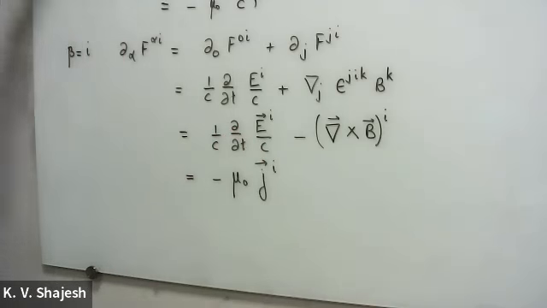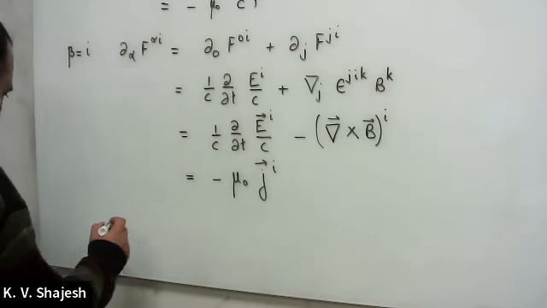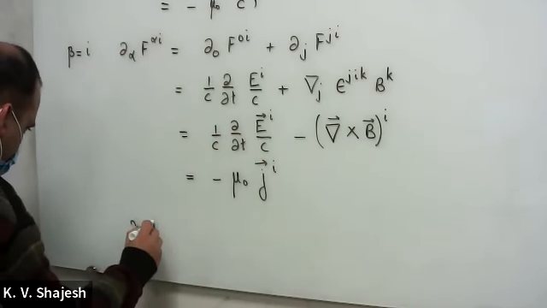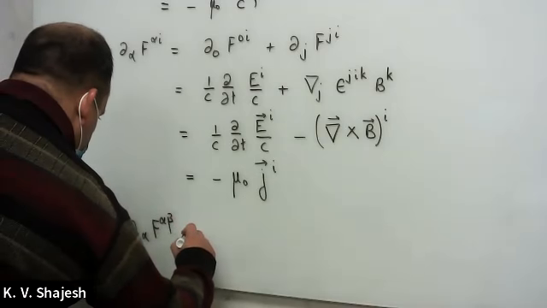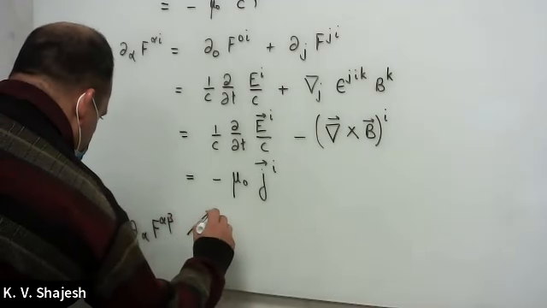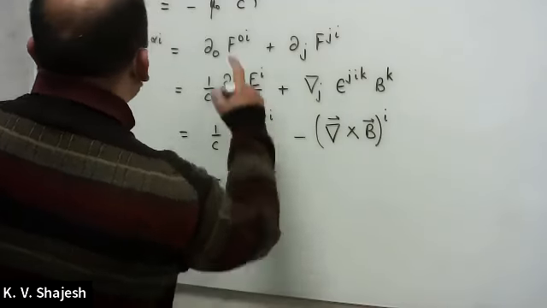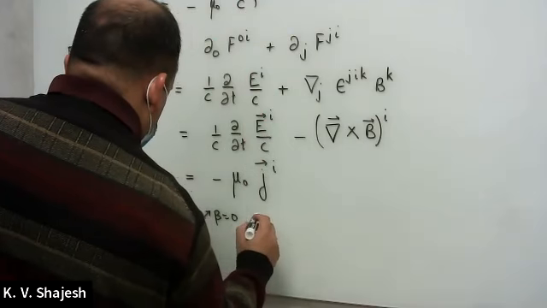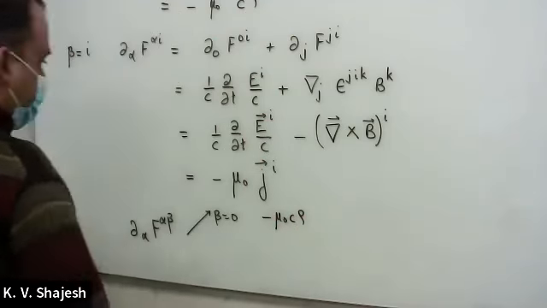So this was a vector, right? D alpha F alpha beta. If I put beta equal to 0, then this is equal to minus mu naught c rho.